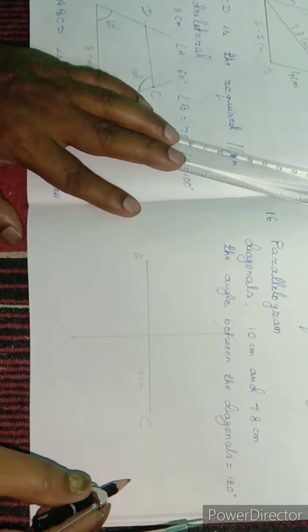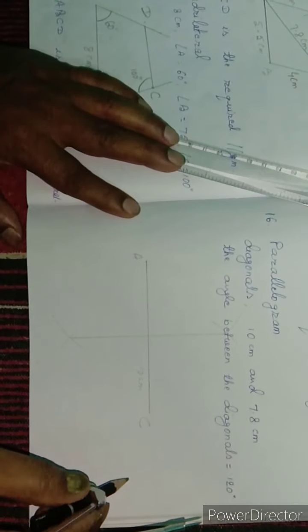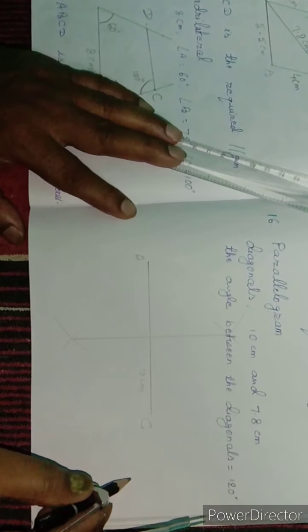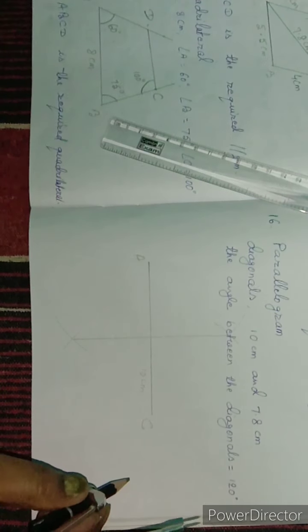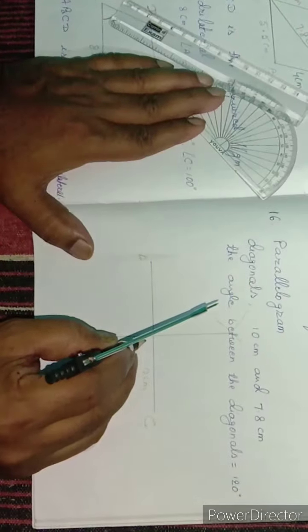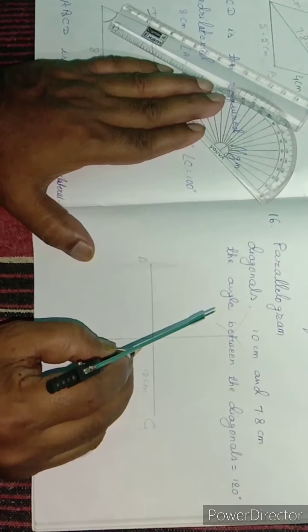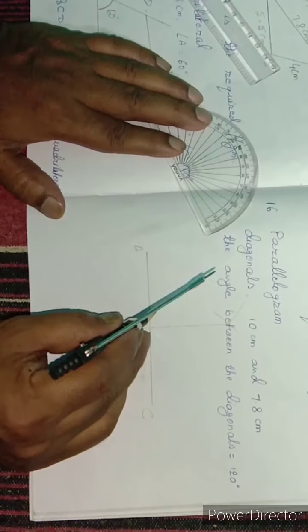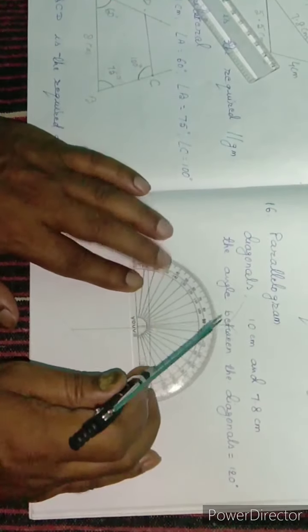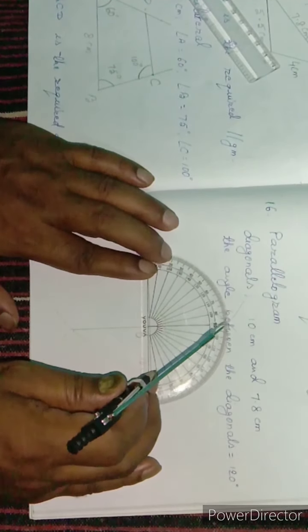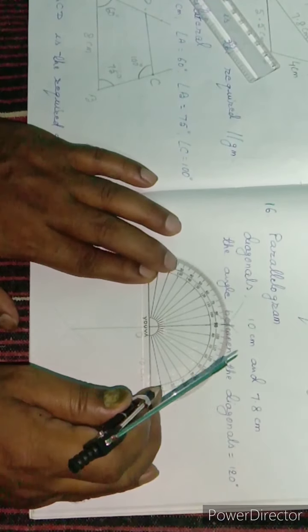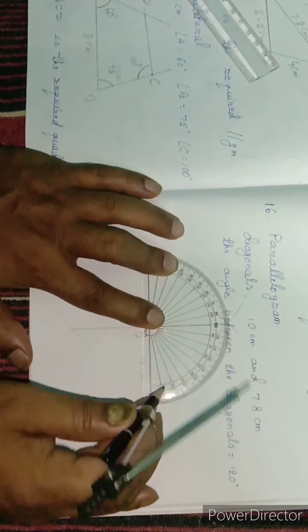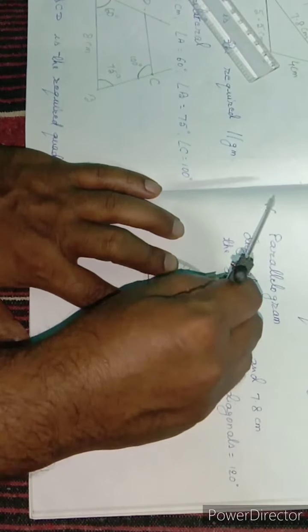Angle is 120 degree. We are seeing this point of intersection is O. We name it O. We are seeing this is 90 degrees, so 120 degree will come in this quadrant.